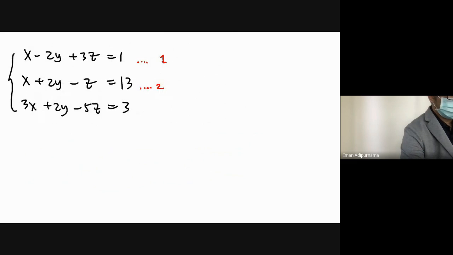First we may look at the variables that have the same constant. For example, let's say this is equation 1, equation 2, and equation 3. I'll start with equations 1 and 2.